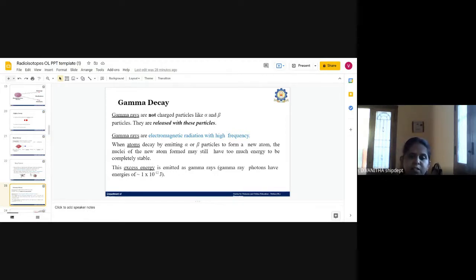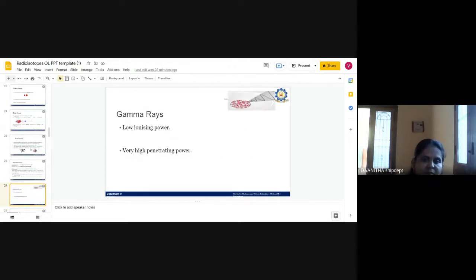That excess energy emitted is called gamma rays. These gamma rays have low ionization power compared to the alpha and beta rays, but very high penetration power.